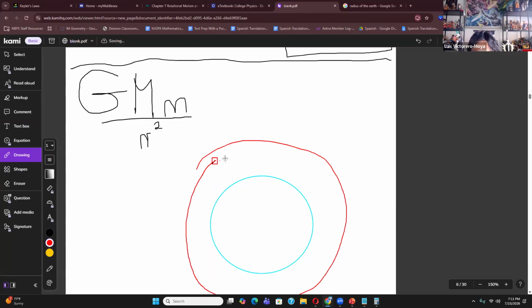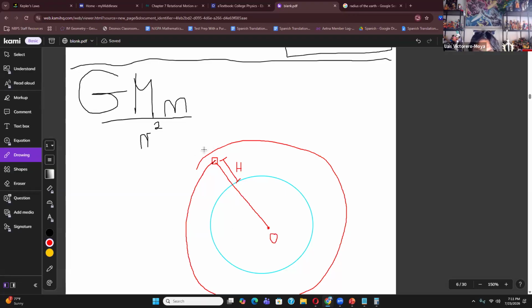The satellite is at some height over the surface of the Earth. So there is a distance between the satellite and the center of the Earth.